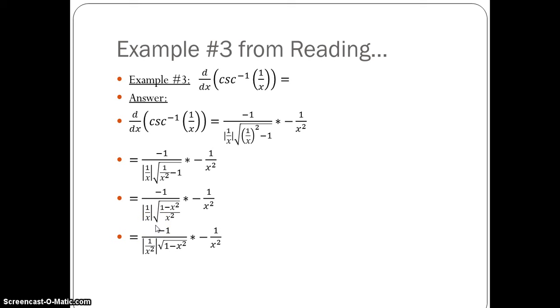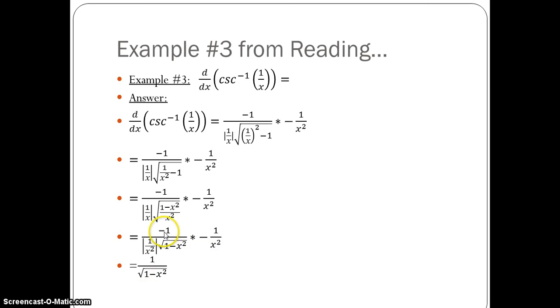The real cool thing about that is, if you remember, the square root of x squared is equal to the absolute value of x. So this denominator, the square root of x squared, becomes an extra absolute value of x in our denominator, which becomes the absolute value of 1 over x squared.